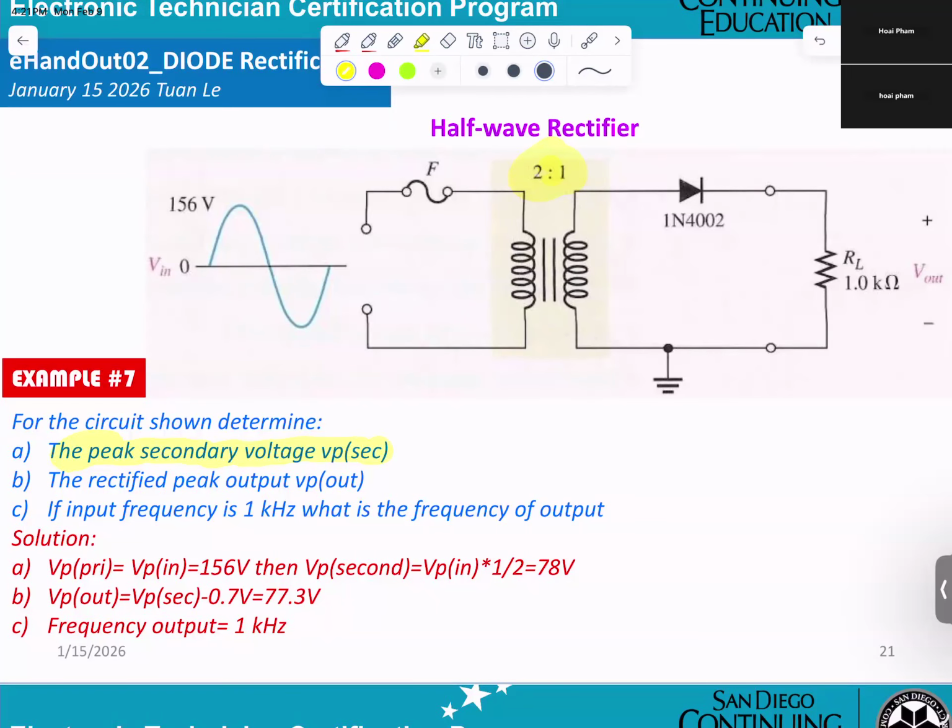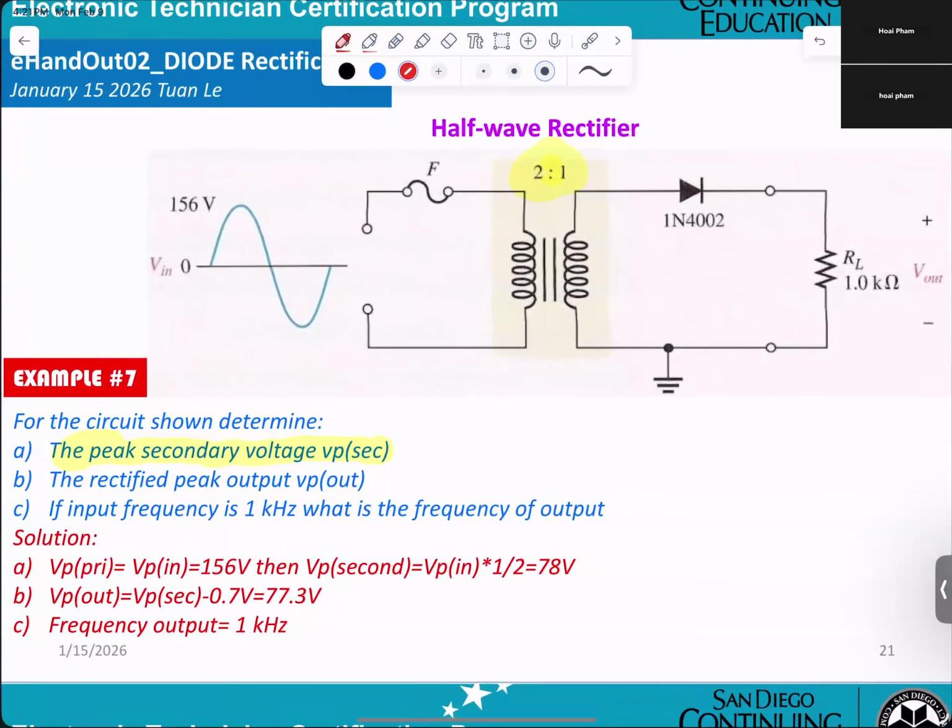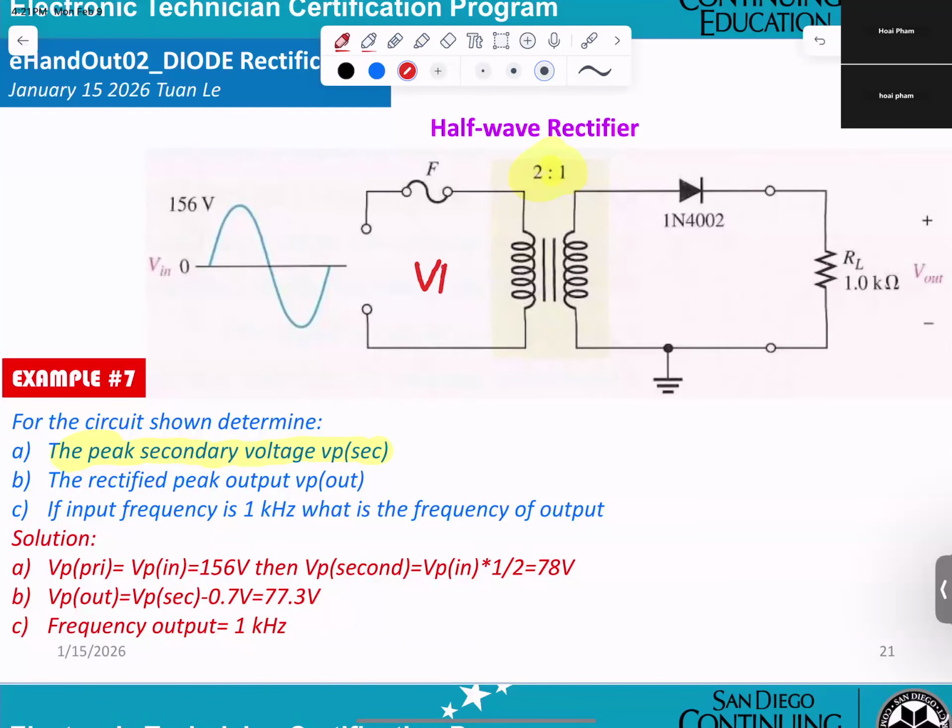Okay, and you understand that one. VP, then VS. Let's see: V peak in equals 156.